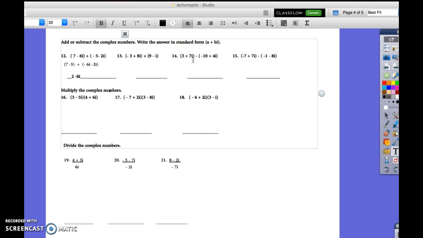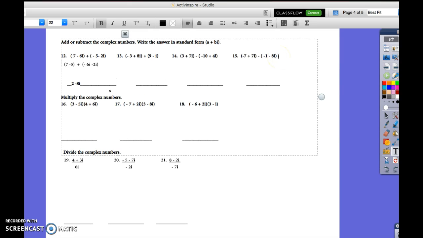I'm going to have the 3 and the negative 10 together. First of all, I wanted to get this the way I want it to be. Oops, still not coming. Let's try that.